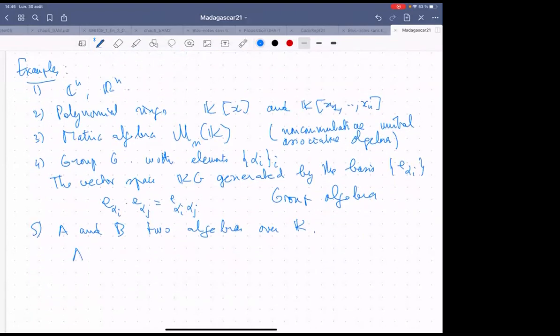The tensor product A tensor B is also a K algebra. When I say algebra, I mean associative. Sometimes if we are working with non-associative algebra, when we say algebra it is just a vector space with a multiplication without any restriction on the multiplication.